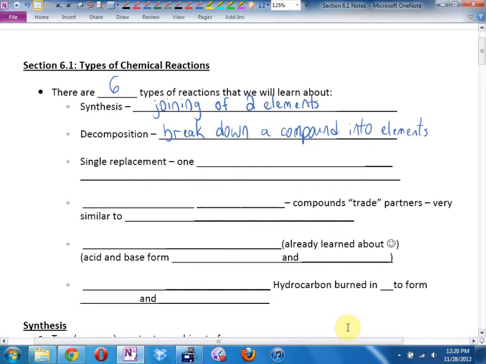The third type is called a single replacement. In a single replacement, one element in the compound is replaced.